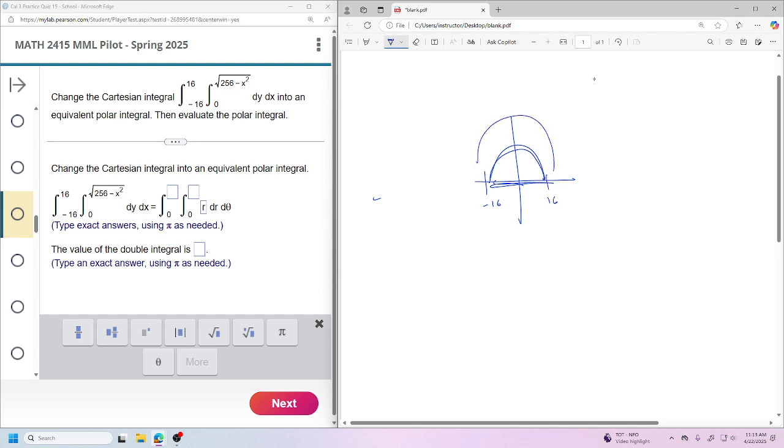So I'm actually only going to pi in this case, aren't I? So 0 to pi, and then I'm going to go 0 to the radius. What's the radius for this? 16, exactly. R dr d theta, and then that's super easy to integrate, so I'm not worried about it.